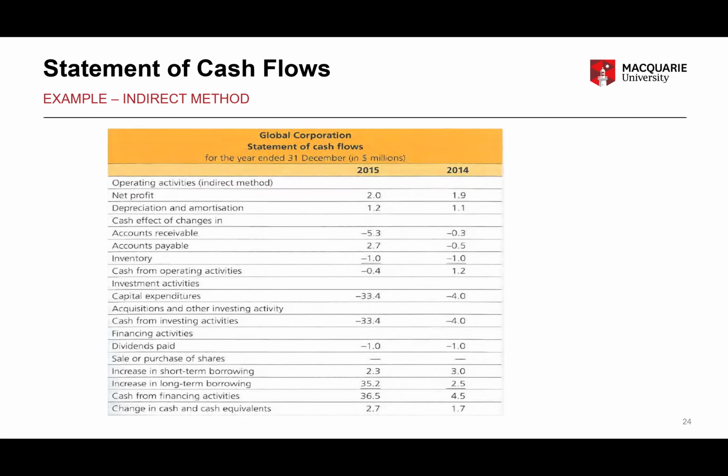What you just need to know at the moment is the difference between the direct and the indirect method. In the indirect method, all we've done is adjust the net profit for changes in the accounts receivable, payable, and inventory, and we get the same value. Regardless of whether we've used the indirect or the direct method, we should get exactly the same value for the operating activities.